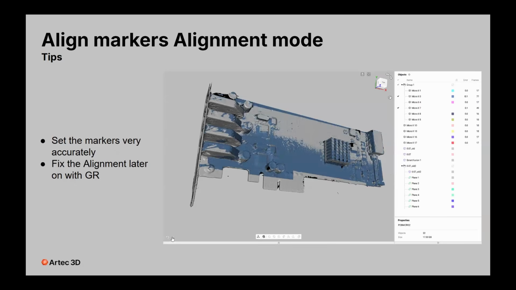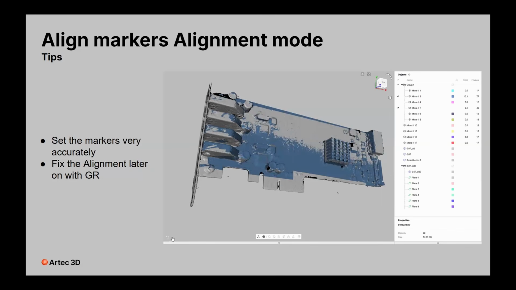Here are some tips for this mode. First of all, as I said earlier, we need to set the markers really accurately. You can see that at the beginning I have quite a huge misalignment of those two scans after the align markers initial alignment, and it's quite easy to fix it with proper global registration settings later on. Basically, I guide the software.